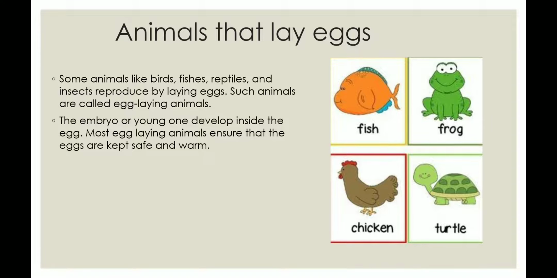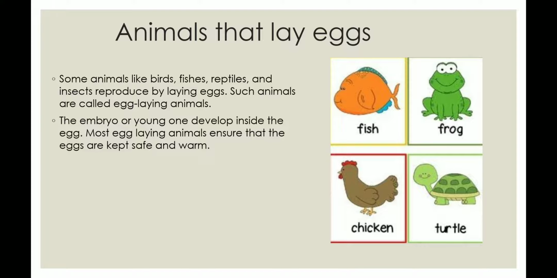Next, the embryo or young one develops inside the egg. Most egg-laying animals ensure that the eggs are kept safe and warm. So the embryo or young one, it means that the baby develops inside the egg. It does not come out of the egg until and unless it is fully developed.